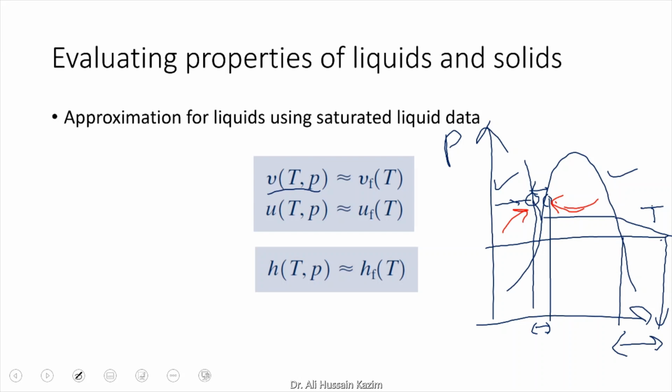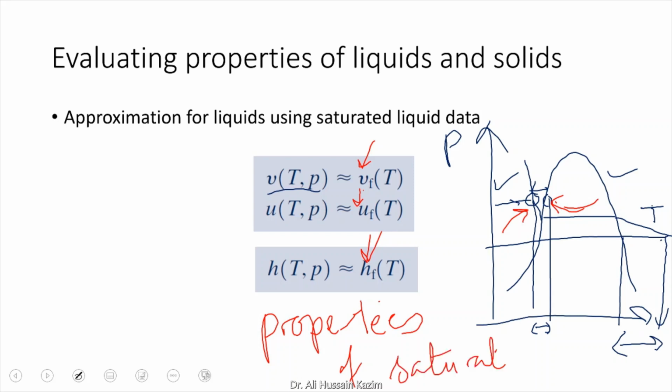So vf means saturated liquid, uf means internal energy at saturated liquid, hf means enthalpy at the saturated liquid. To summarize, if we want to find properties in the compressed liquid region, we can approximate them to properties of saturated liquid.